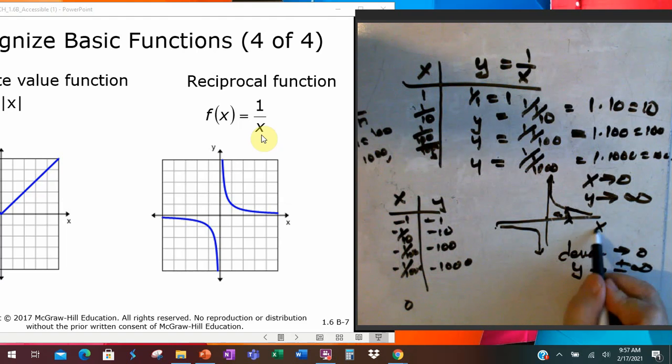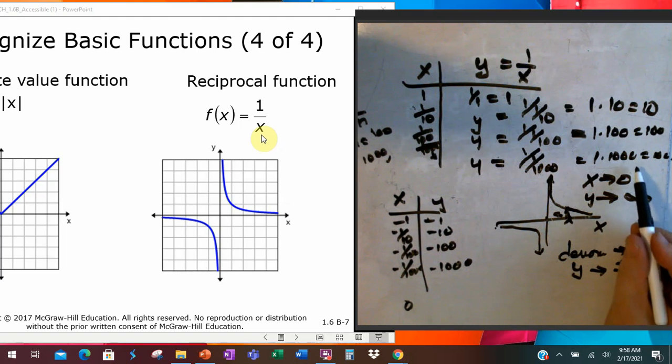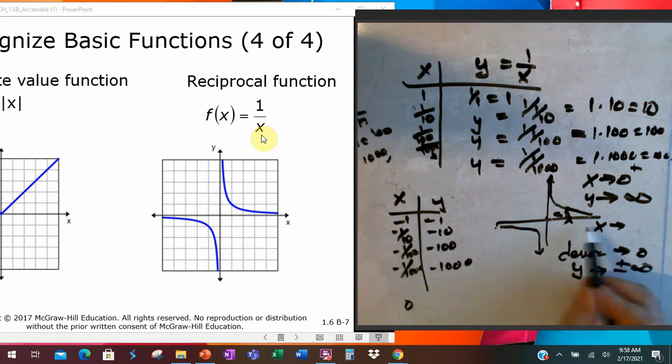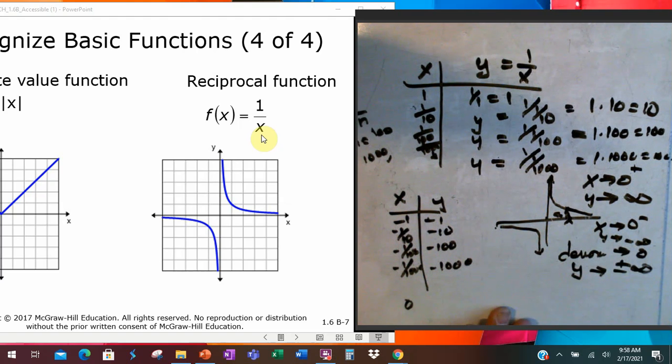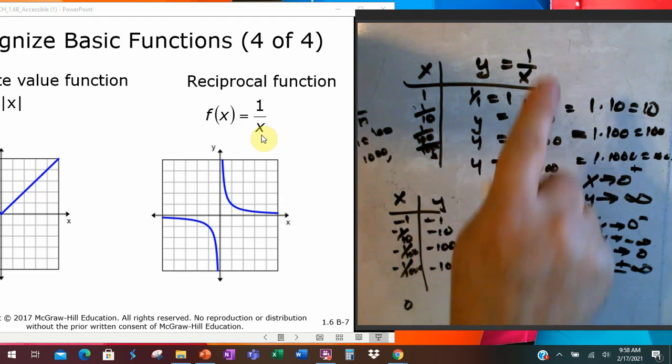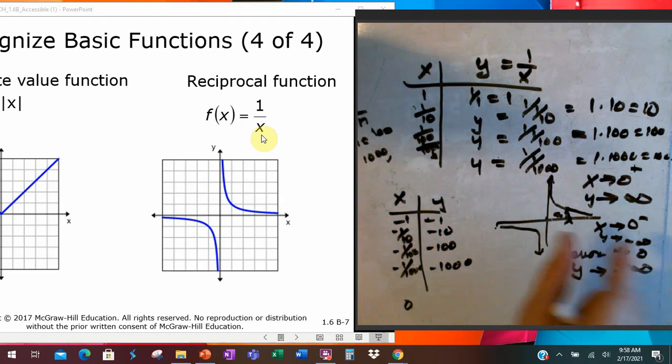Here, as x went to 0 from the positive side, here's a little notation, and then here is going to 0 from the negative side, y goes to -infinity. Okay. That's the basic of this. Now we're going to move these things around and do different things with that to work on it as we go.